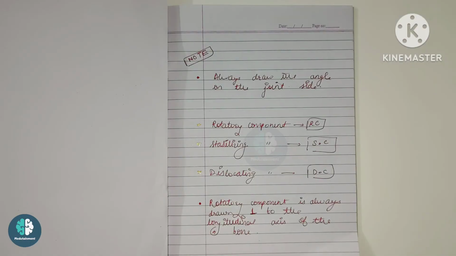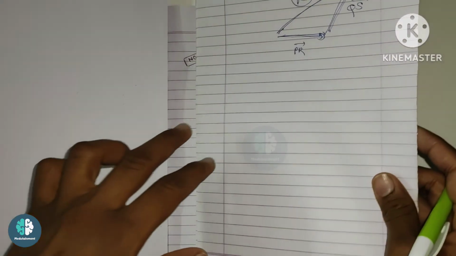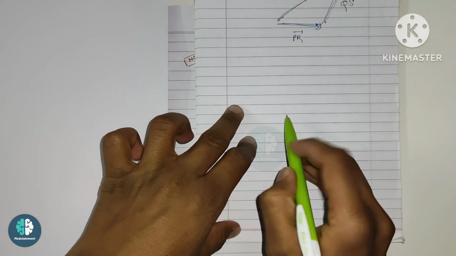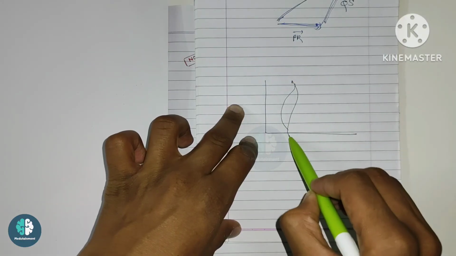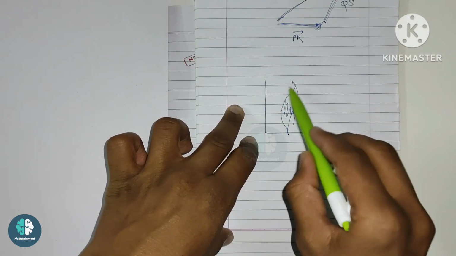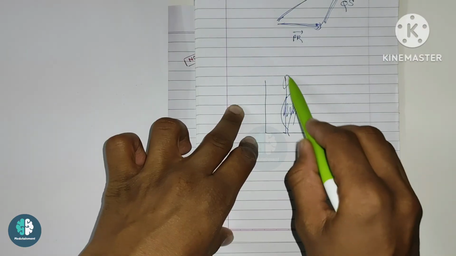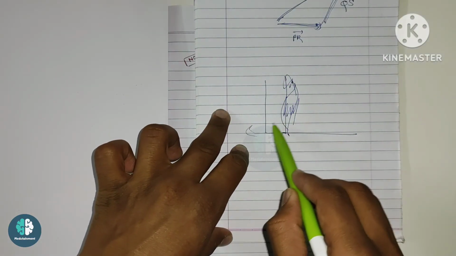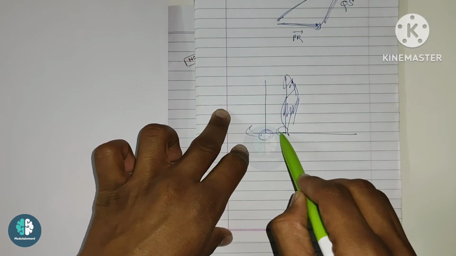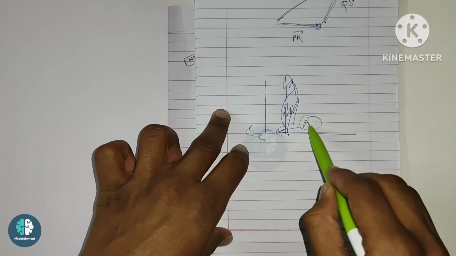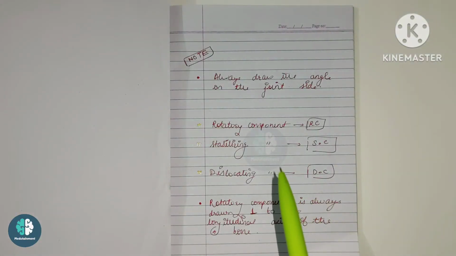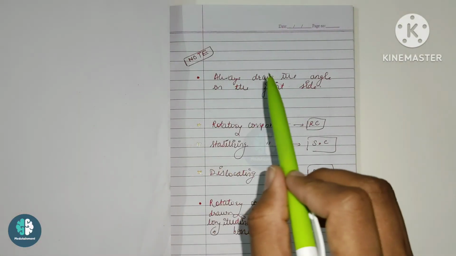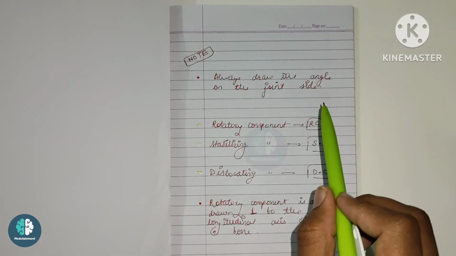Like in this case, this is the muscle, and say this is the resultant and this is the angle. So this is a joint. So on the joint side you have to make the angle. So this is what this point is saying. Always draw the angle on the joint side.